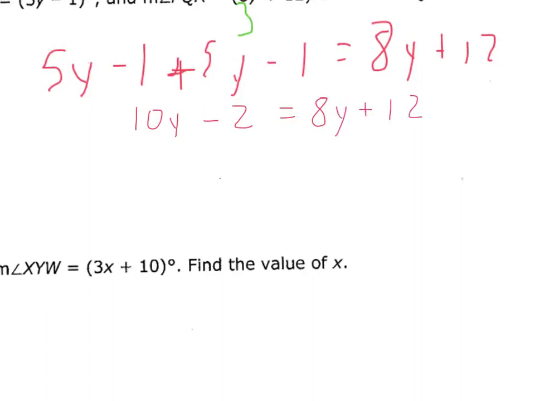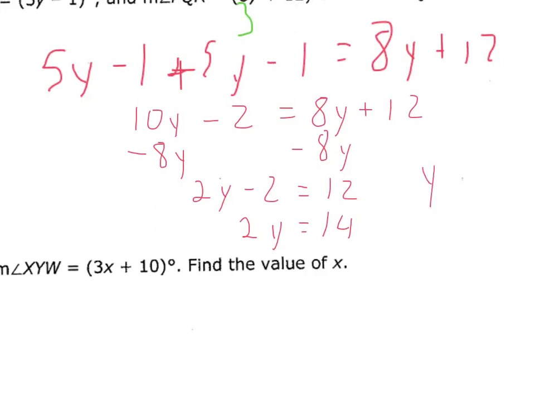We subtract 8y on both sides. 10y minus 8y gives you 2y. So we have 2y minus 2 equals 12. We add 2 on both sides. That gives you 2y equals 14. Then divide each side by 2, and that gives you y as 7.